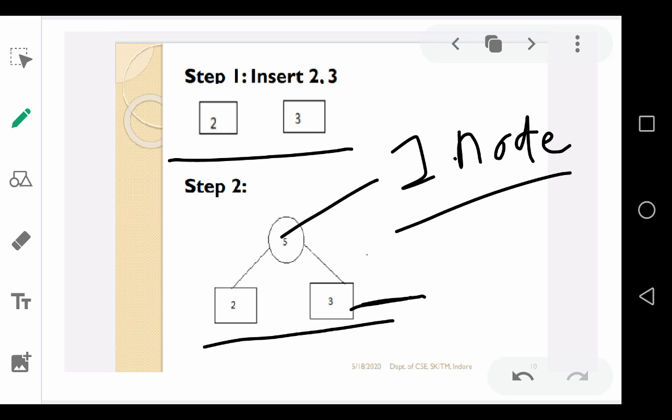So 2 plus 3, after merging both at the root node, what we get is 5. So 5 is the internal node and 2 and 3 are the external nodes. External nodes are also called leaf nodes.